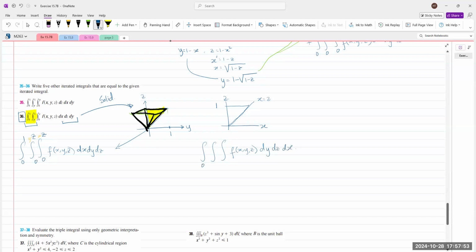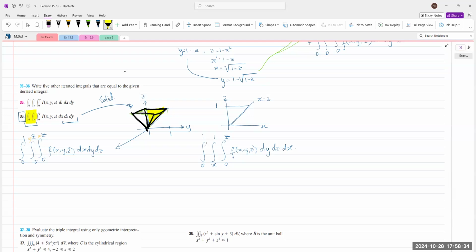X will be from 0 to 1, z from x to 1, and then the y will be from 0 to z. Can you imagine that?